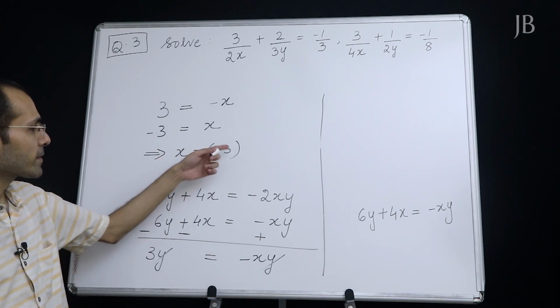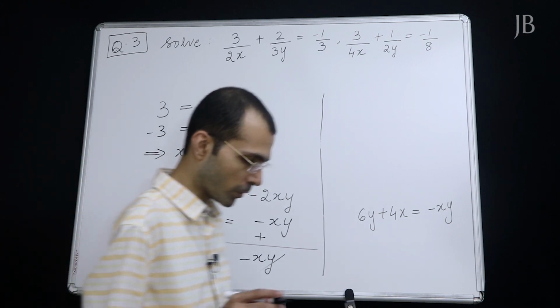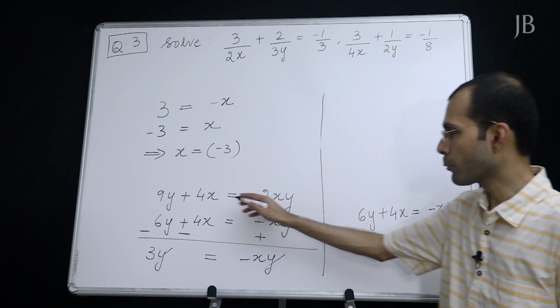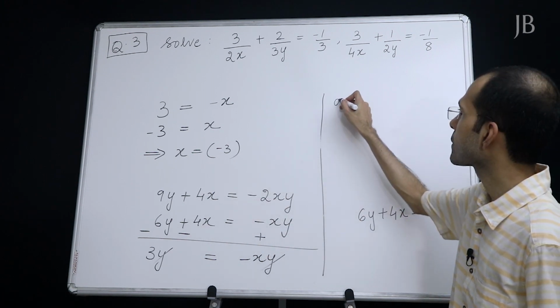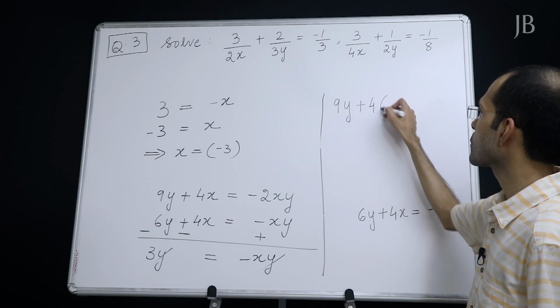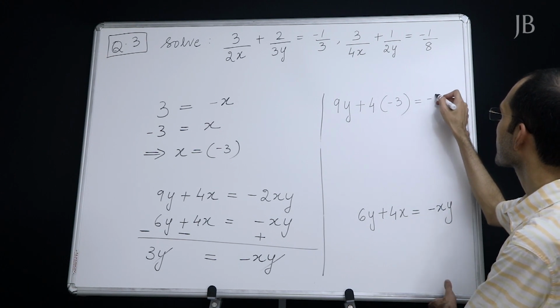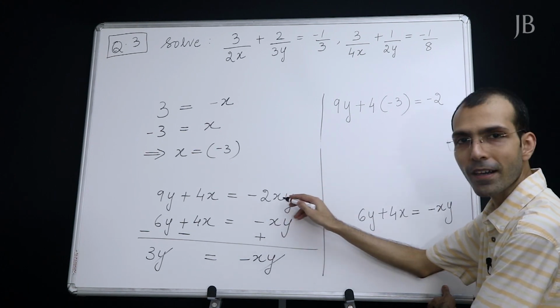So x is minus 3, we can put it in this equation or this equation, whatever, that is left to you. I will put it in the first: 9y plus 4 into minus 3 is equaling minus 2xy.